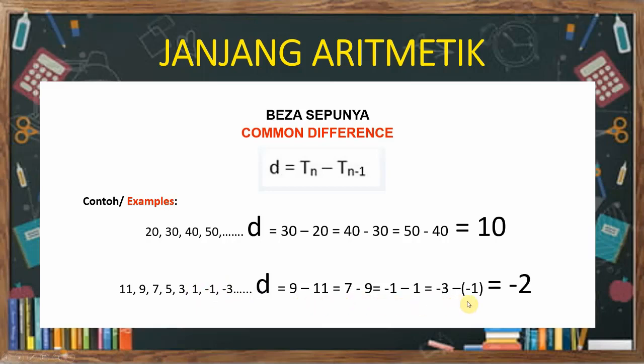And all the results are equal to -2. Therefore, it is a common difference D. It is an arithmetic progression. So here, the main characteristic of arithmetic progression is that it has a D.